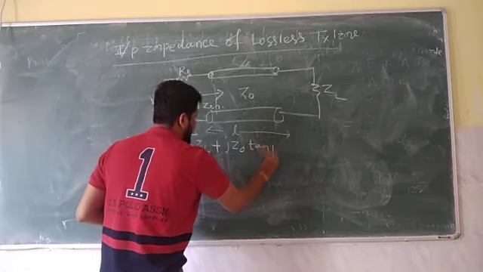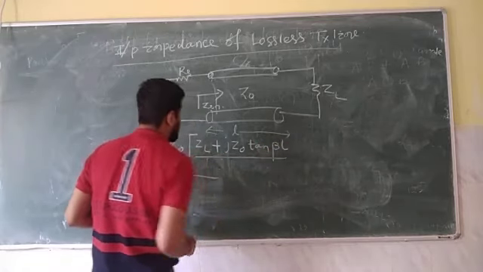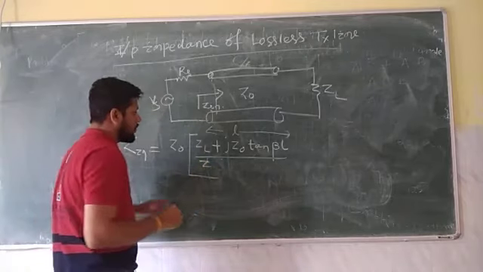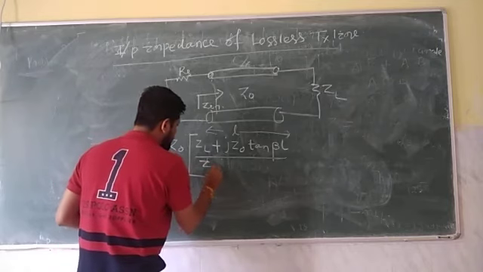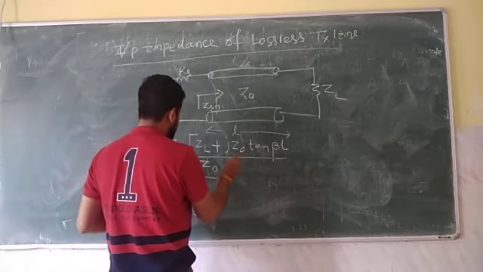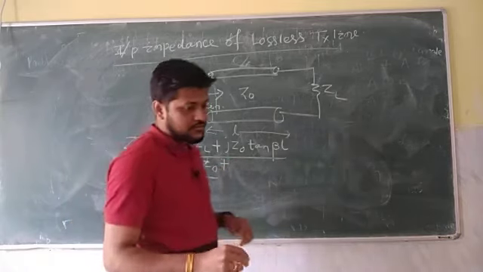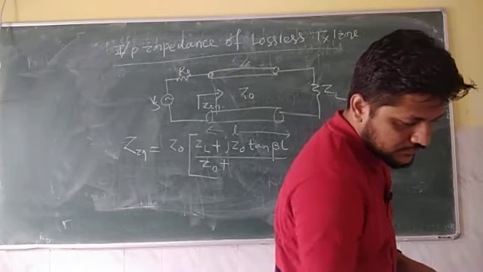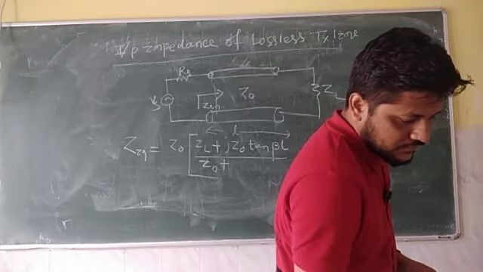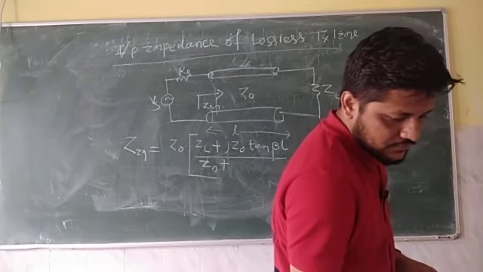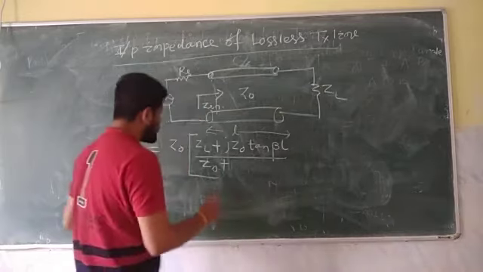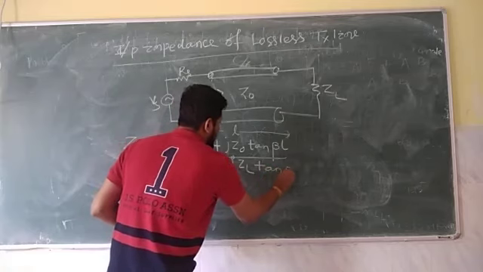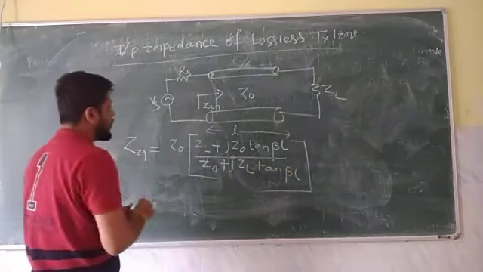Z0 tan beta L divided by Z0 plus J ZL tan beta L. So this is the formula.